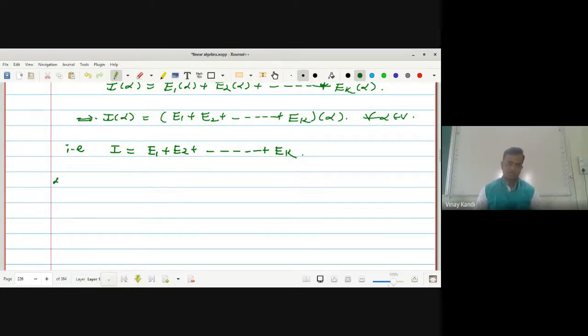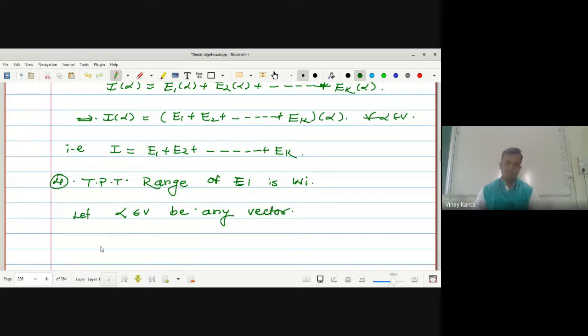Okay. To prove that the range of Ei is Wi, let alpha belong to V, any vector.